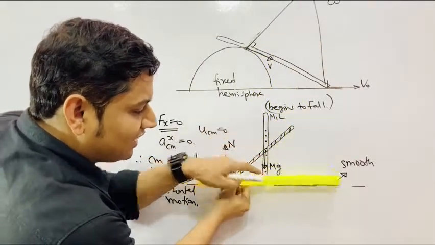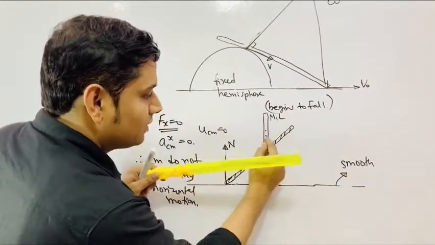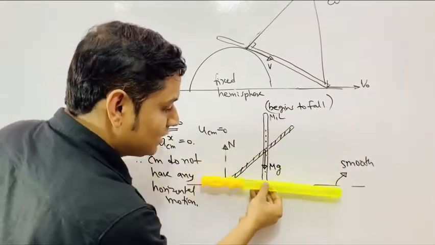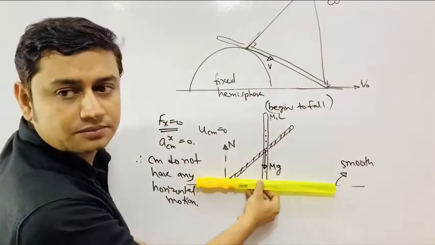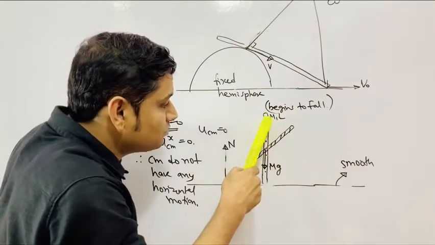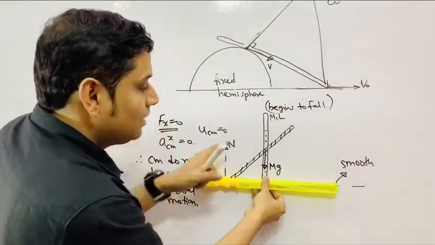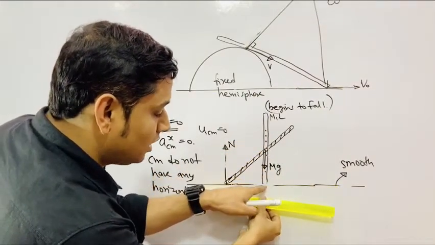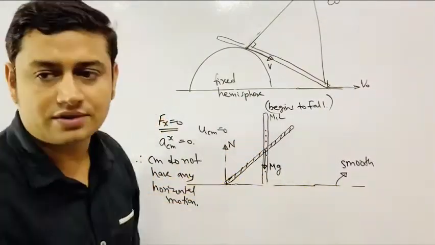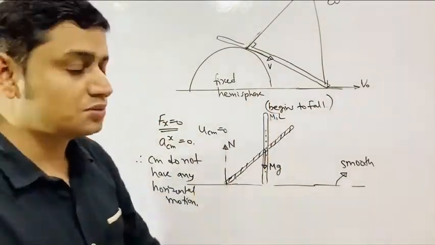Finally when it hits the ground, it hits at the midpoint, half left, half right, because the center of mass moves on a straight line downward. So finally when it collides, its center of mass lies directly below the starting point. Anyway, that is how the center of mass moves in a straight line.